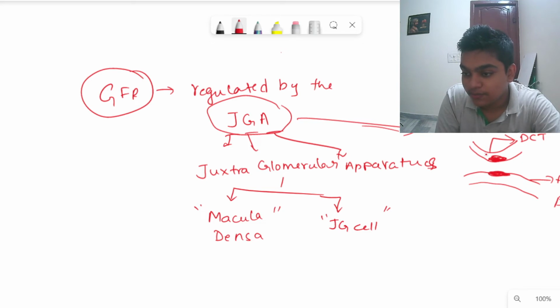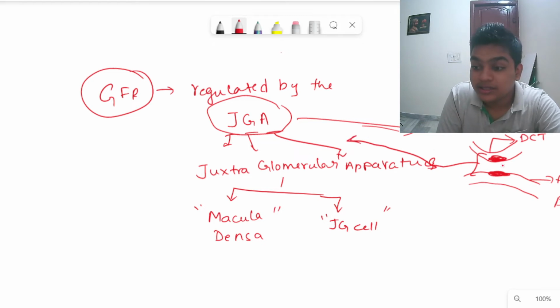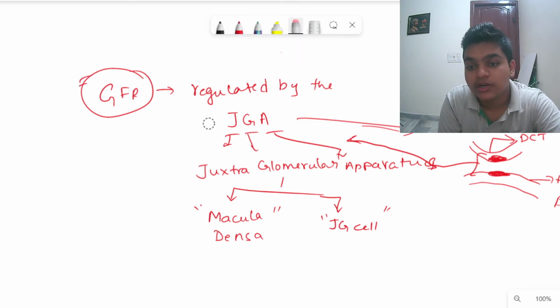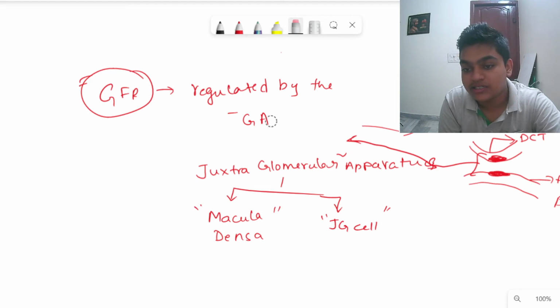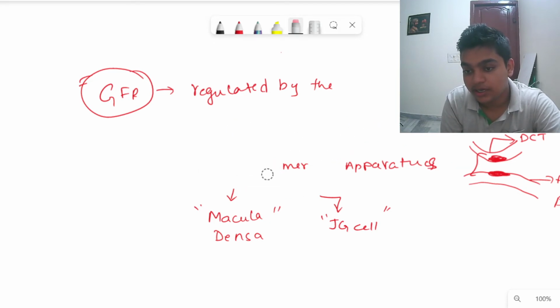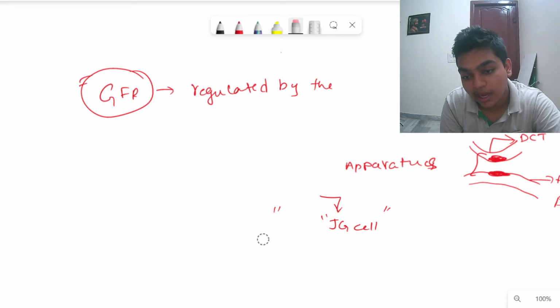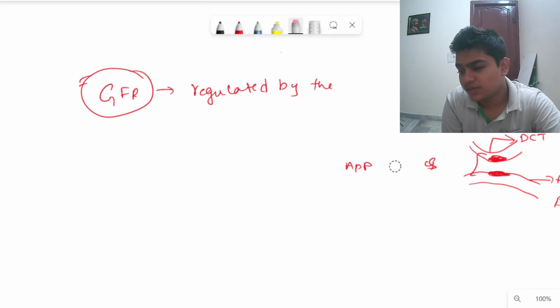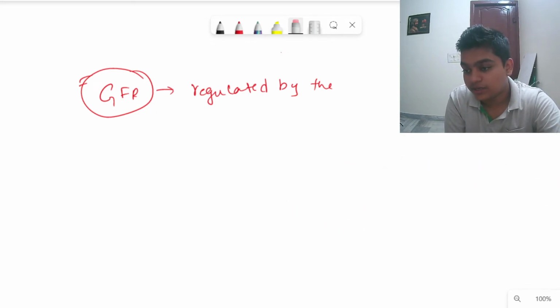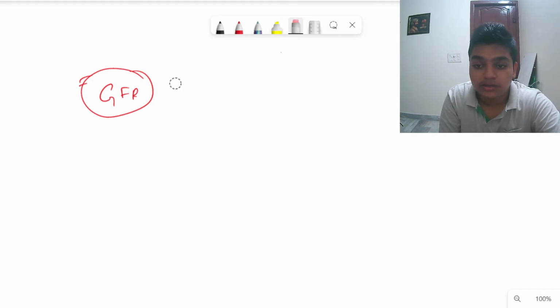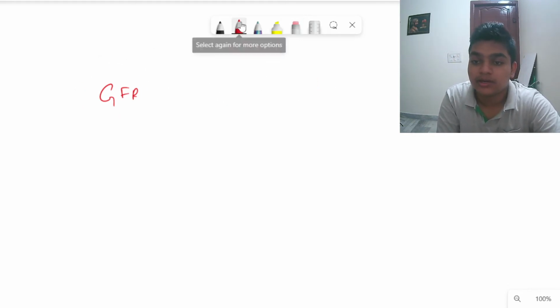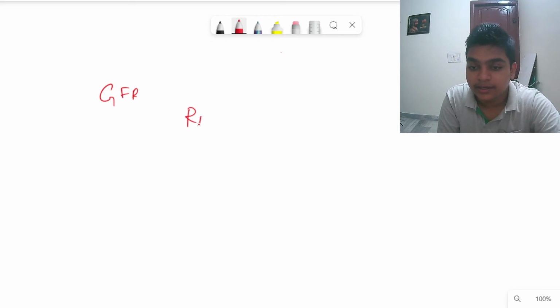Now this forms your juxtaglomerular apparatus. This can regulate the glomerular filtration rate, and how is it through a hormone called renin.